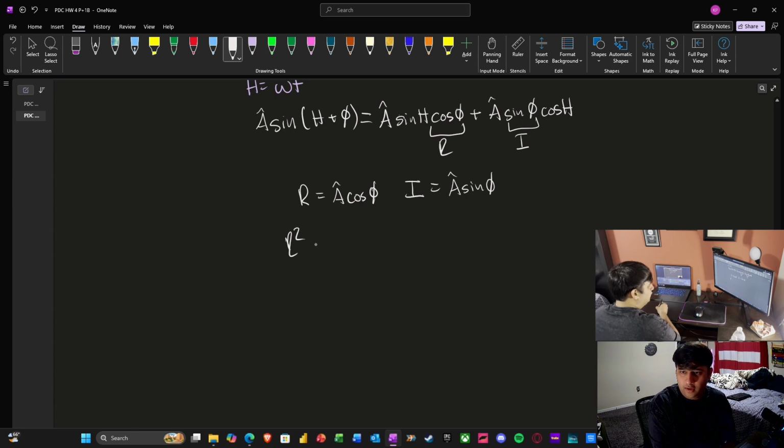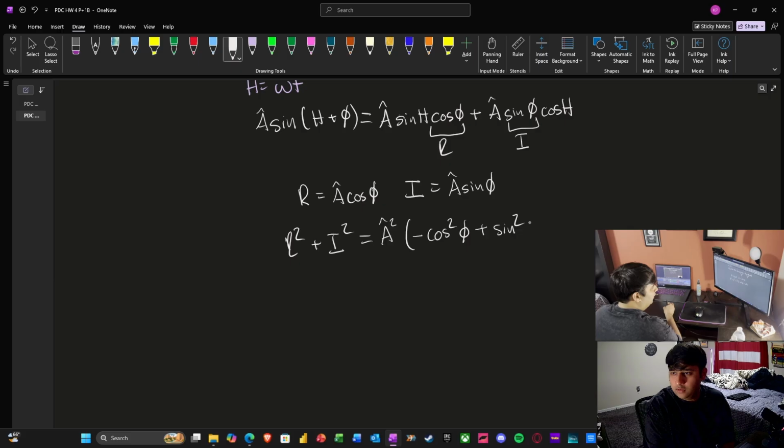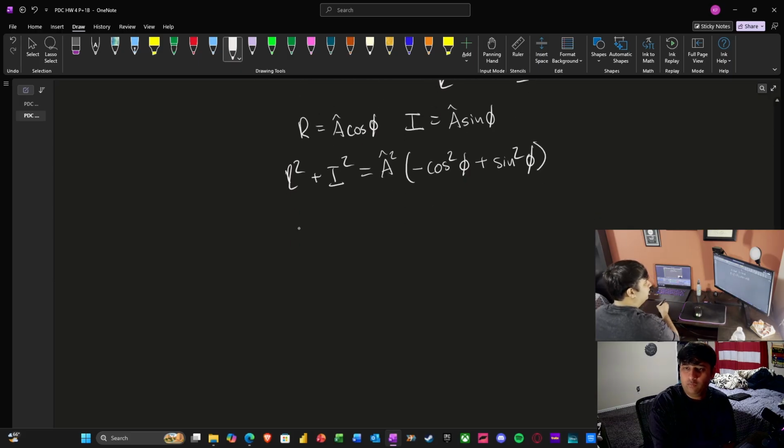So we'll get R squared plus I squared, which equals a hat squared times cosine squared phi plus sine squared of phi, which then what we get is our a hat equals the square root of R squared plus I squared.